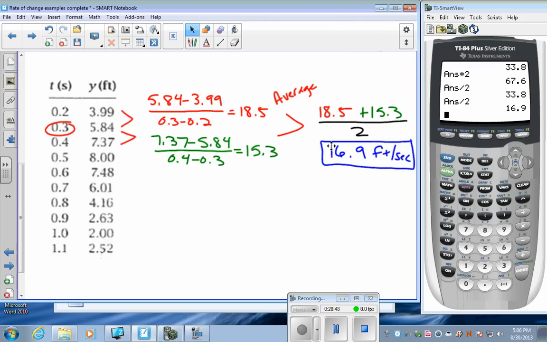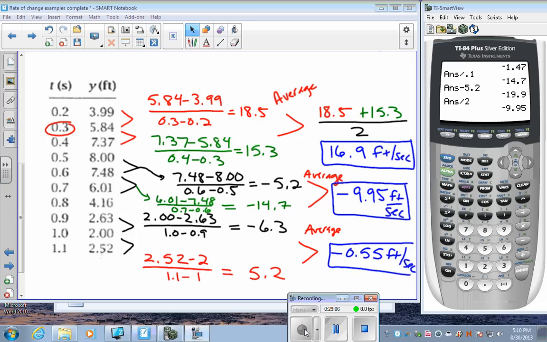So we're going to do the same thing at 0.6, and we're going to do the same thing at 0.1. I want you to pause the video here, and I want you to work those out. When you play the video again, the answers will be up on your screen. Go ahead and pause. So the answers are in blue.